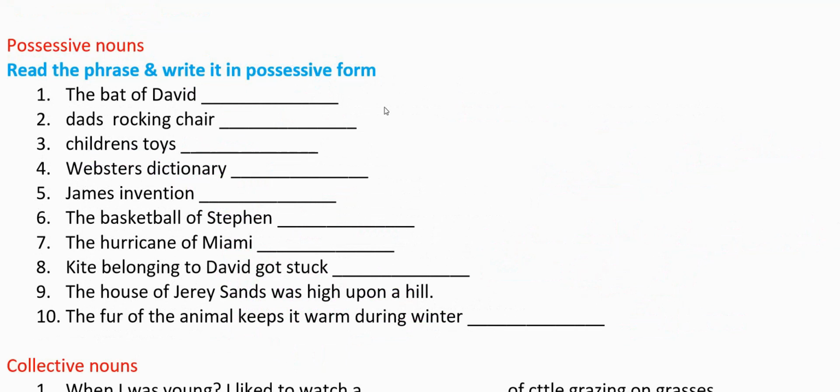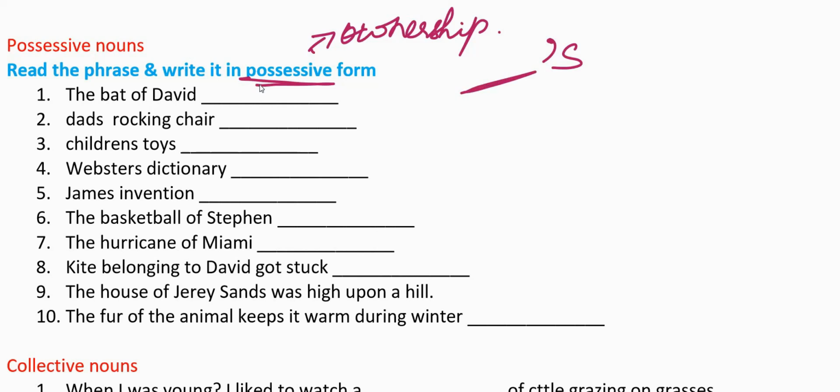In the next section, we have possessive nouns. Possessive nouns are something which talk about ownership. They talk about the things, objects or people which belong to us. So possessive nouns are formed by adding apostrophe and s to the given noun.